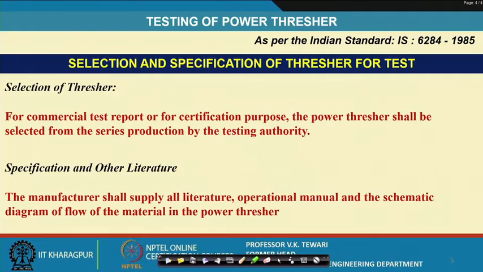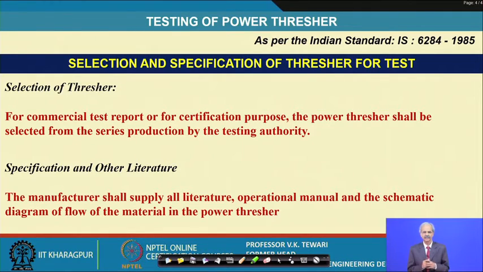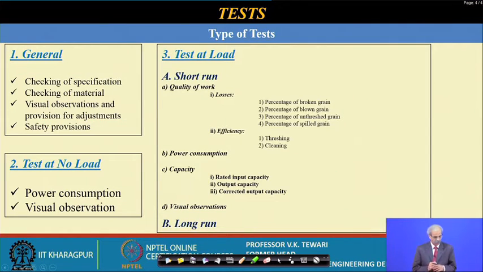The procedure is that you should go and see the lot of all the threshers which he has made, and then out of that you should randomly pick up one and mark all these things, keep all the details, maybe put some stamp, etc., and then take those things along with some literature, etc., and come back. And that machine only he should be in a position to send to you for testing.